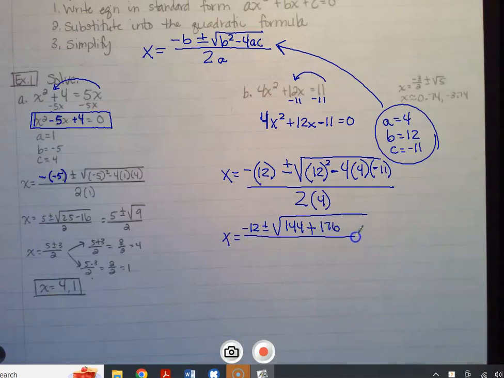Okay, all divided by 2 times 4 is 8. All right, so then x is going to equal negative 12 plus or minus the square root of 144 plus 176, which equals 320, divided by 8.